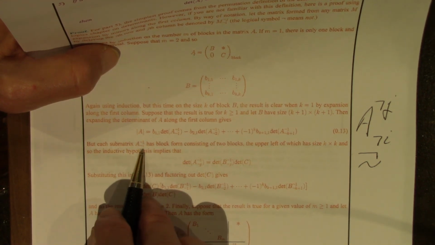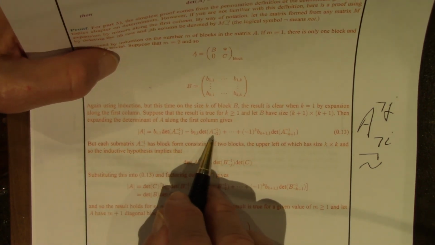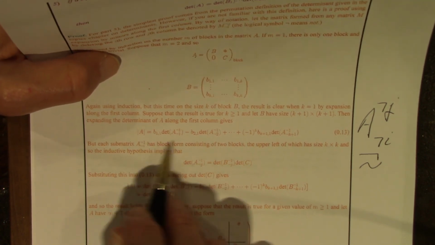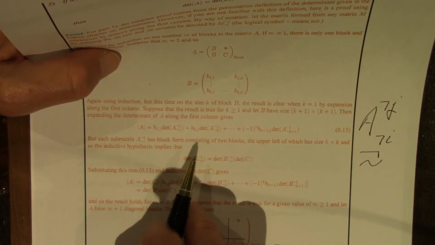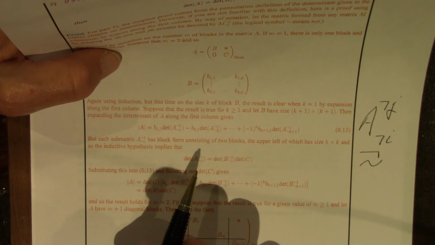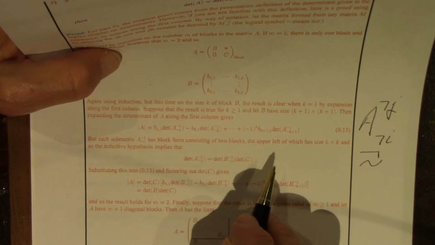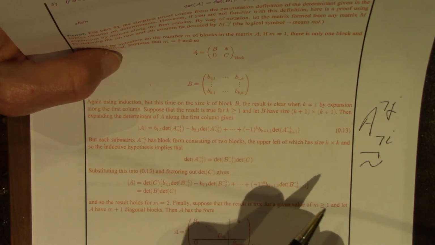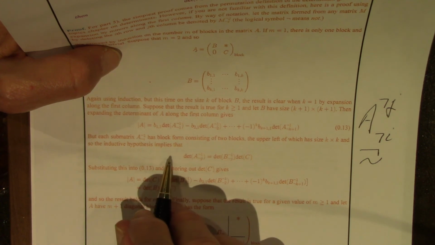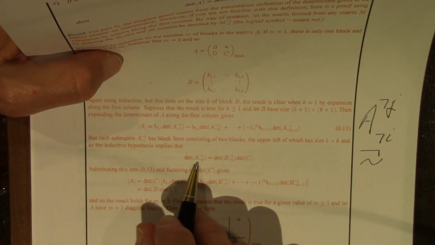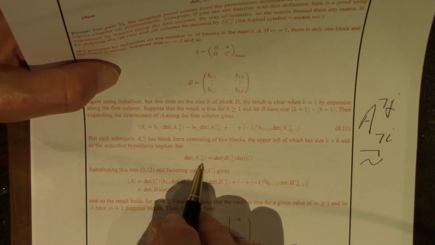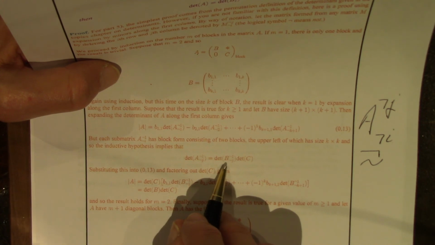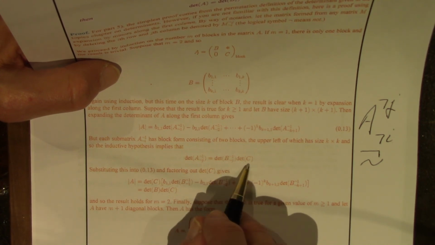Each submatrix, A with row i and column 1 removed, has block form consisting of 2 blocks. The upper left block has size K by K, and so the inductive hypothesis implies that the determinant of this matrix is the product of the determinants of the diagonal blocks.